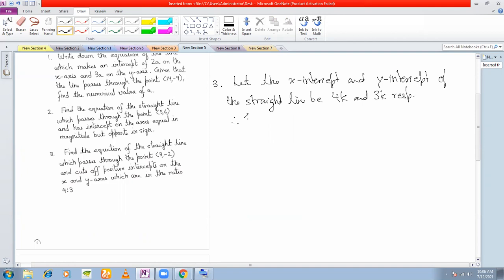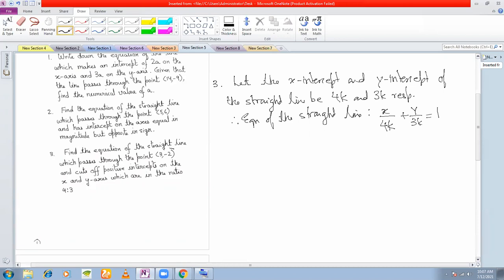Therefore, what is the equation of the line? Equation of the straight line is x by a, what is a here? 4k, the x-intercept. Y by b, b here is 3k, is equal to 1. Okay. So what you can do here is you can simplify this, or you can put the value of x and y coordinate here only.